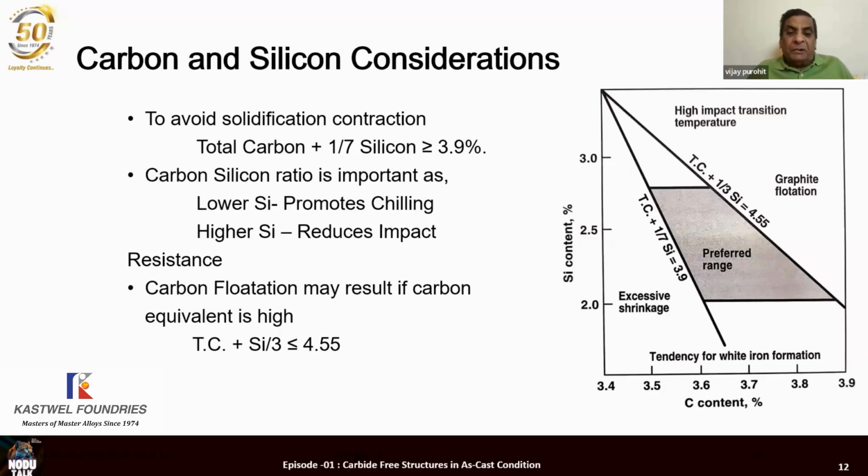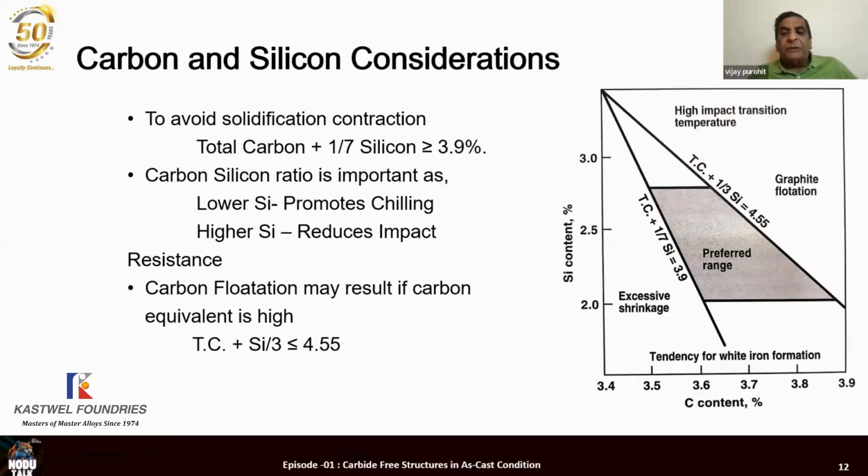We will try to recall some of those possible causes as we go along. So resistance to carbon flotation may result if carbon equivalent is too high. So carbon equivalent should not be too high, 4.5, 4.55 generally. So keep this figure in mind.